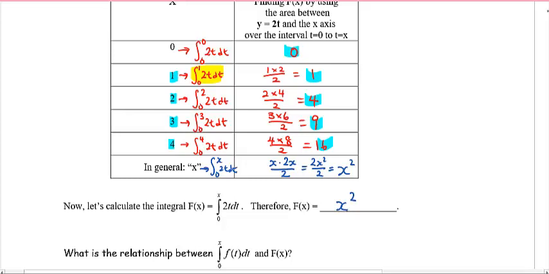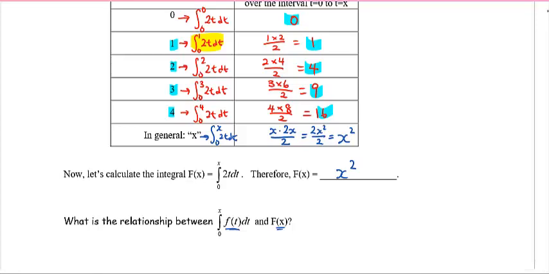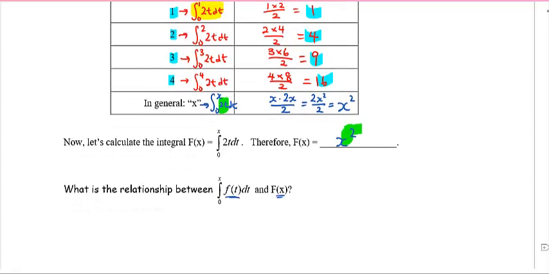Now, hopefully, you can kind of see a relationship between the little f of t and the capital F of x. Can you see what this was? 2t, right? And then x squared. Hopefully you can see that, hey, if I take the derivative of x squared, I'll get 2x, which is equivalent to 2t, if you think about it, and vice versa.